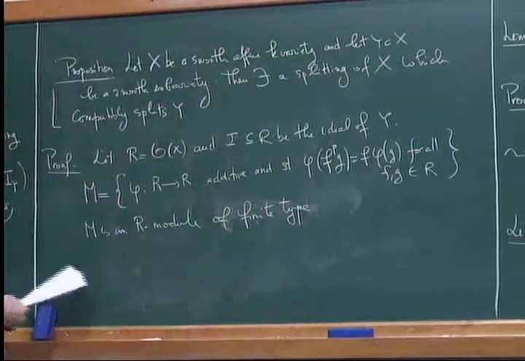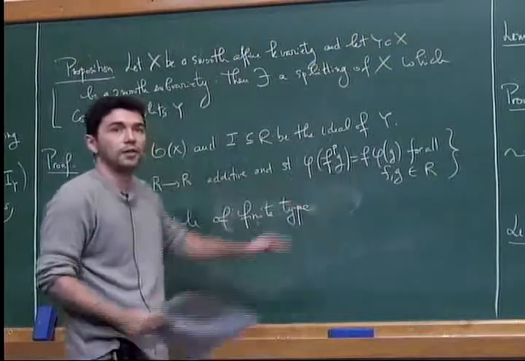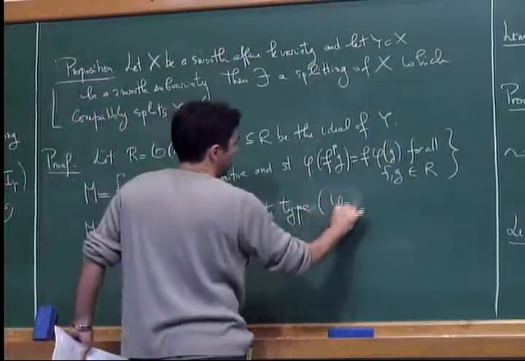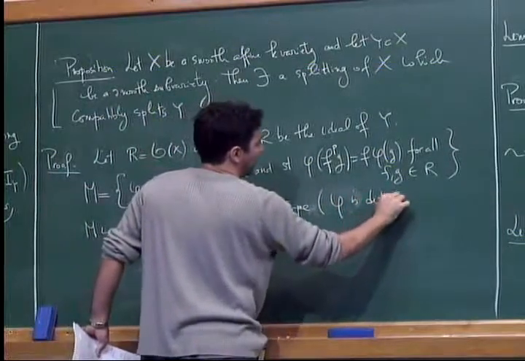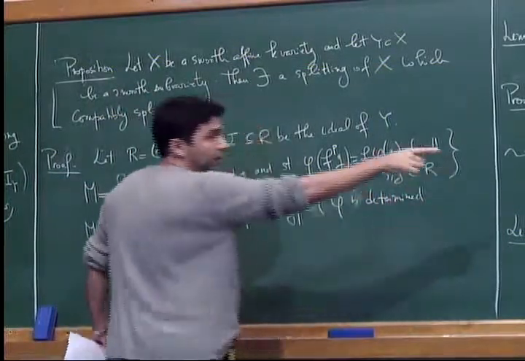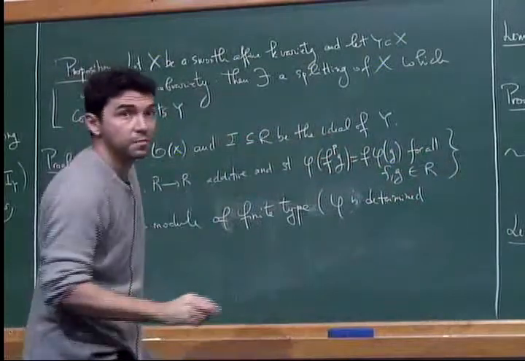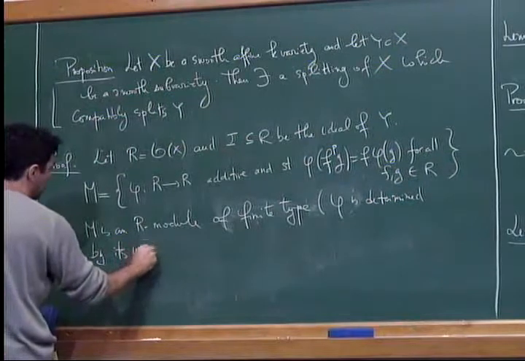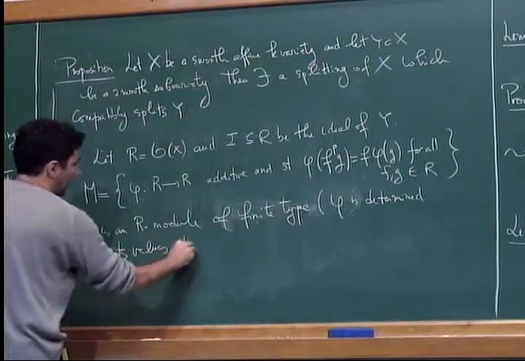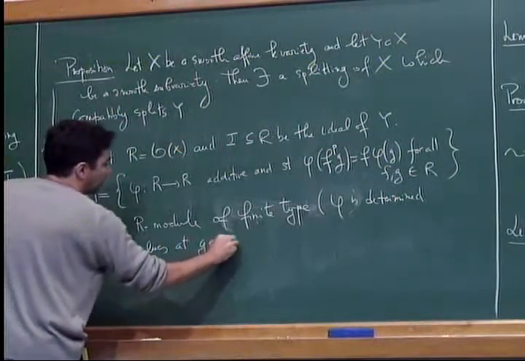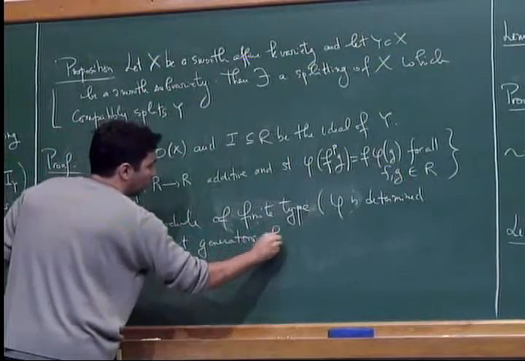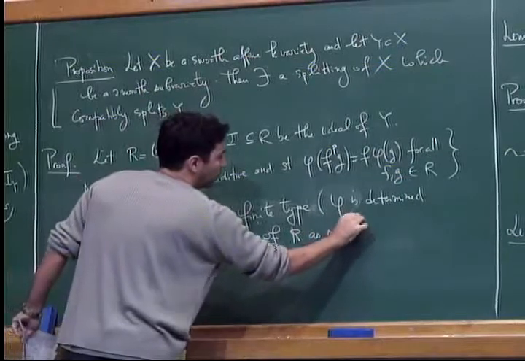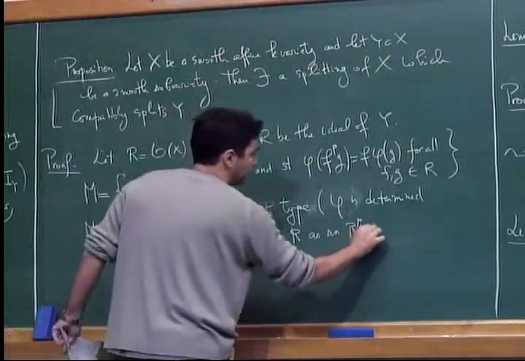Because of this condition, such a map phi is completely determined, exactly as in the case of the affine space, by its values at generators of R as an R to the p module.